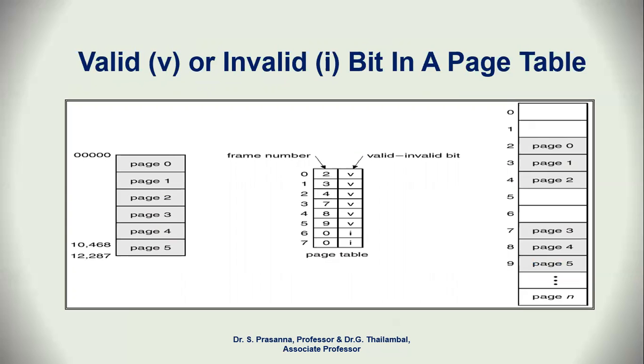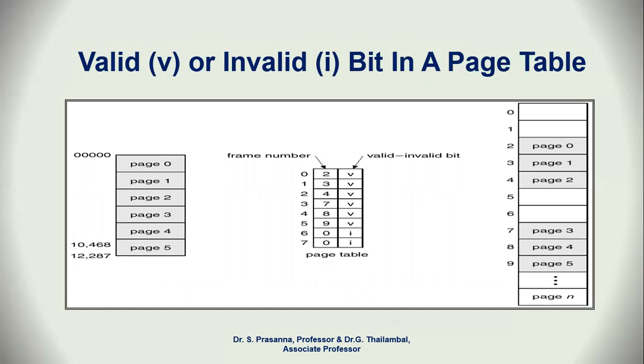A valid bit is represented as V and an invalid bit as I, which means either 1 or 0. When a person searches for page number 1, it is available, and the corresponding frame is available for page 1. Why? You can see that the valid bit is V here. That is, this particular page still resides in memory.